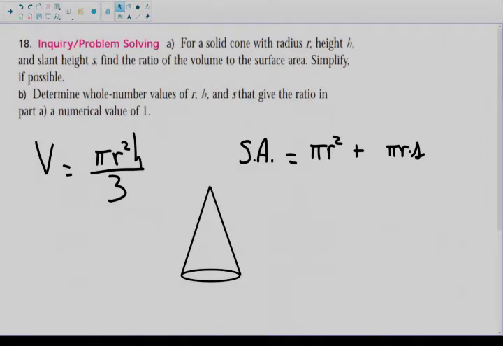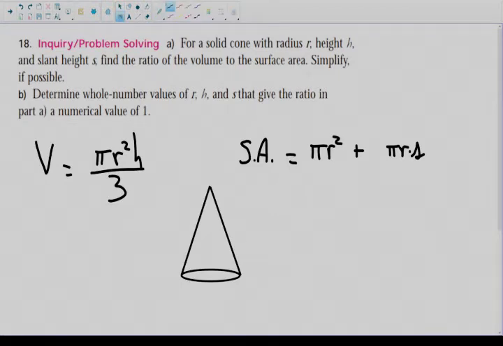So I'm not sure if you've seen or if you remember the formulas for the volume and surface area of a cone. These are the two formulas here. So the volume of a cone is pi r squared h divided by 3, and the surface area of a cone is pi r squared plus pi r s. Now what are all of those variables representing?